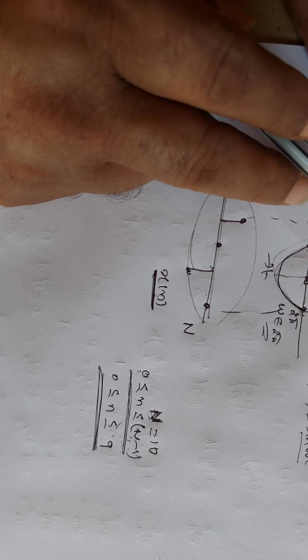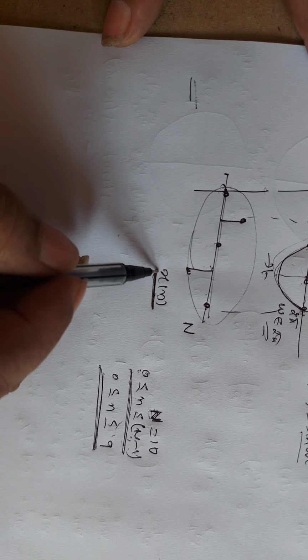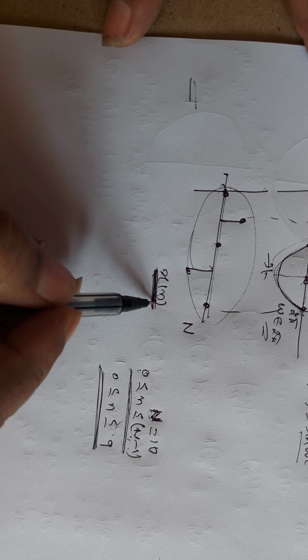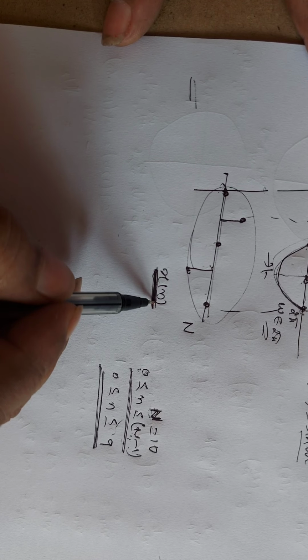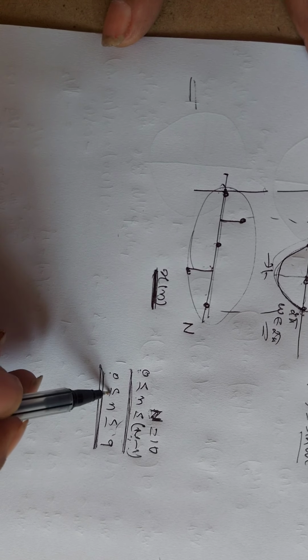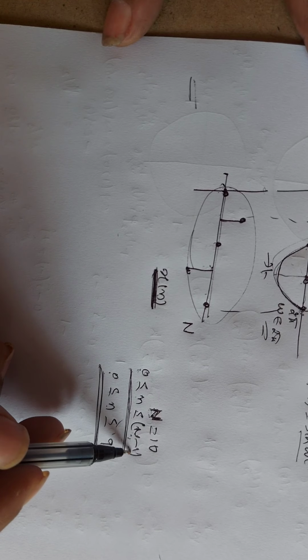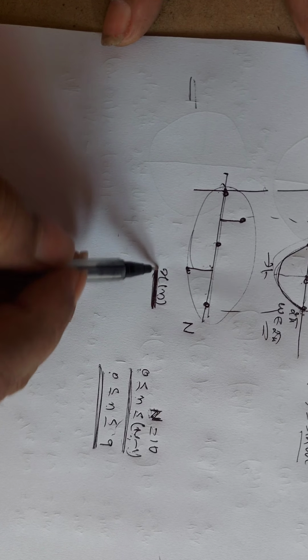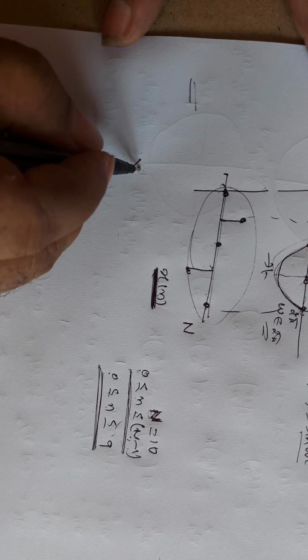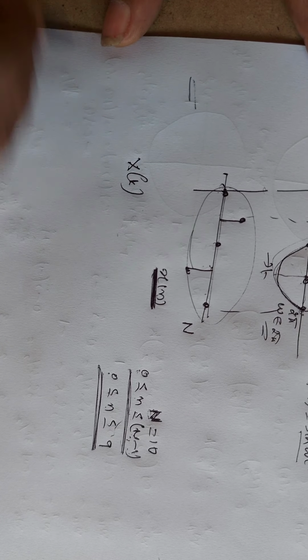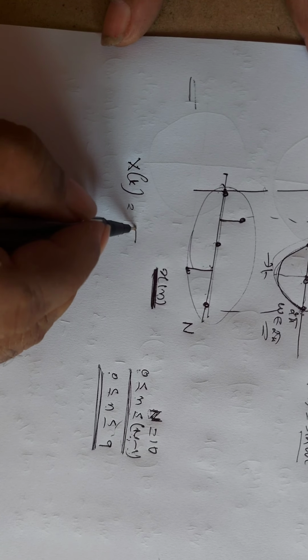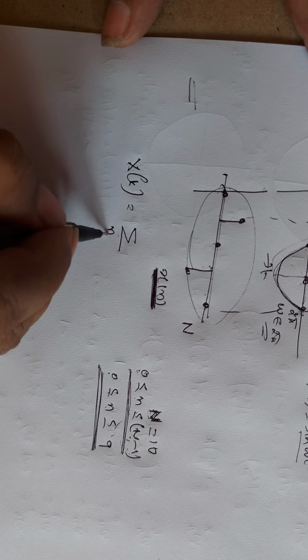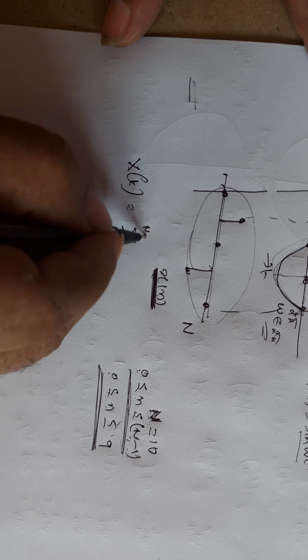Mathematically we can express this DFT as: if x of n is a continuous time signal function such that 0 is less than or equal to n less than or equal to n minus 1, then DFT of this function is represented as capital X of k, which is equal to sigma n equals 0 to n minus 1.